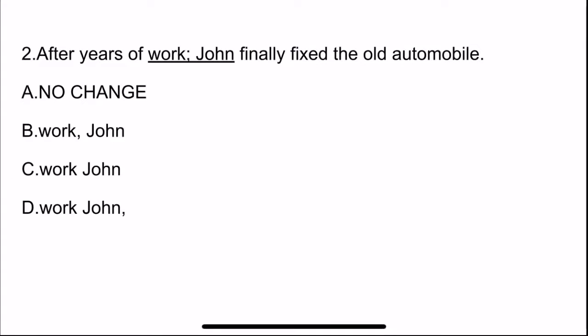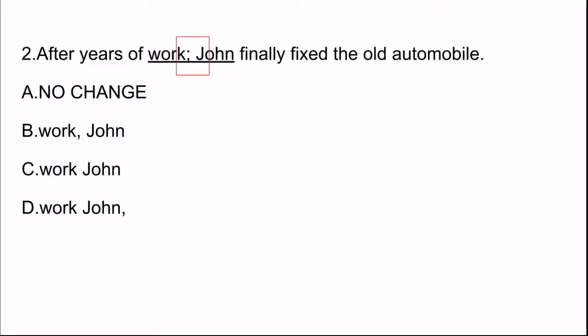Okay, number 2, after years of work, semicolon, John finally fixed the old automobile. Okay, your eyes should go straight to that semicolon. A semicolon is like a stop sign. Stop and check. Is there a complete sentence on each side of a semicolon? If not, something's wrong.